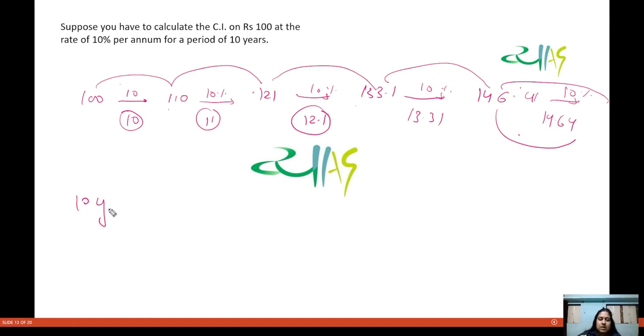Okay, compound interest. And if you try to calculate this by the method of multiplying, it will be so long. Okay, and we will see the short method as well.